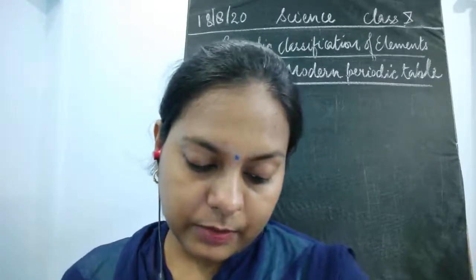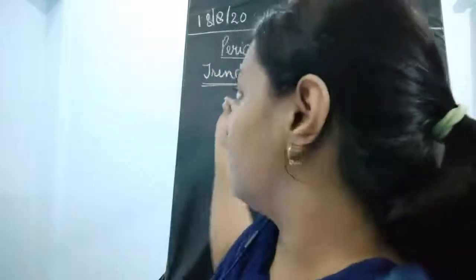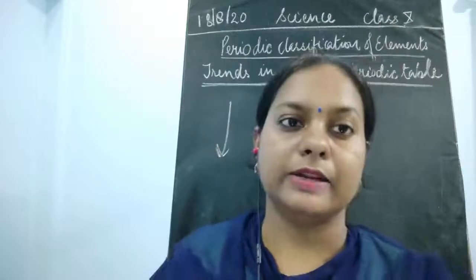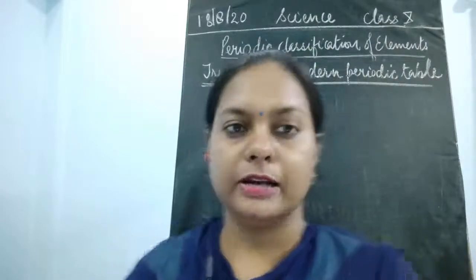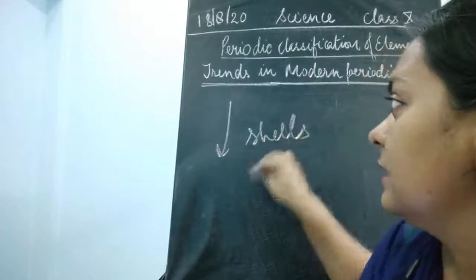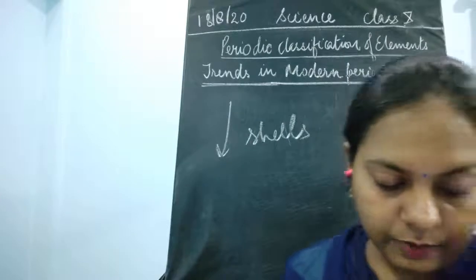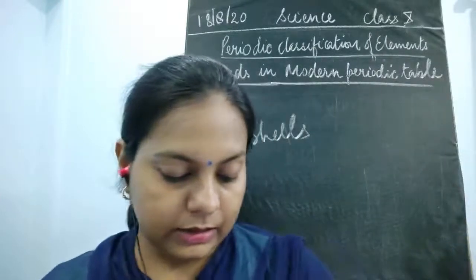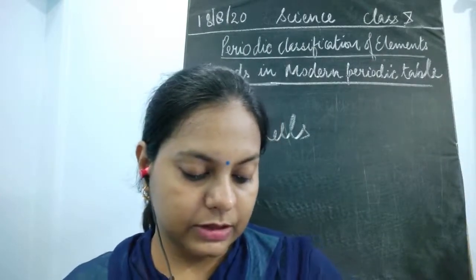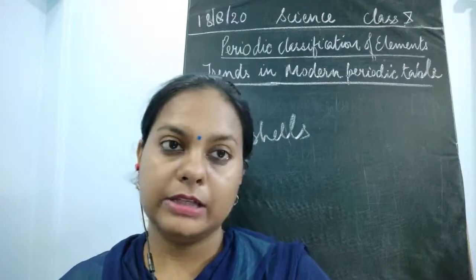In a given group, the number of shells increases when we move down the group. Next, the number of valence electrons in the elements of each group is the same.